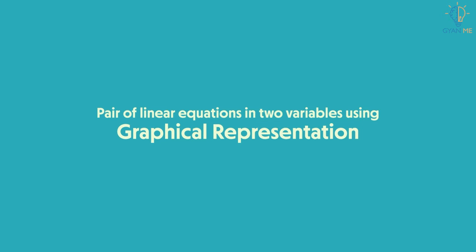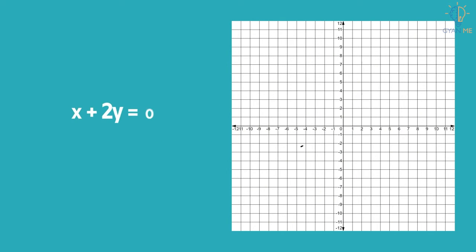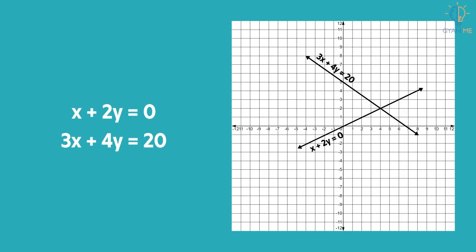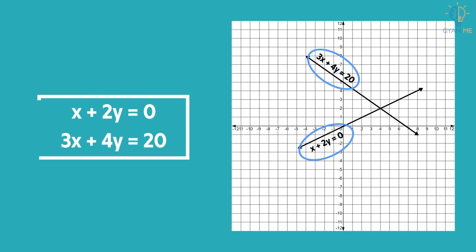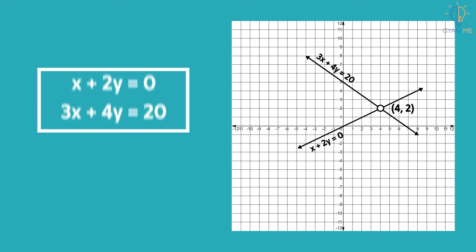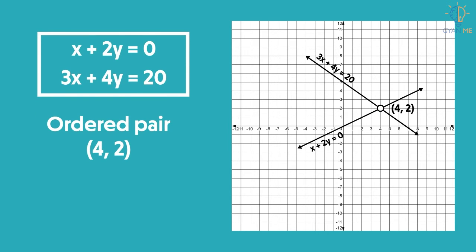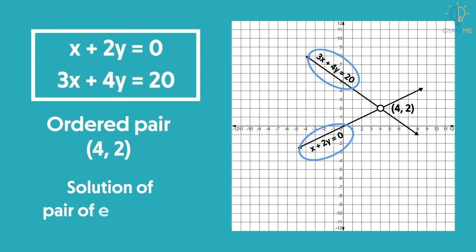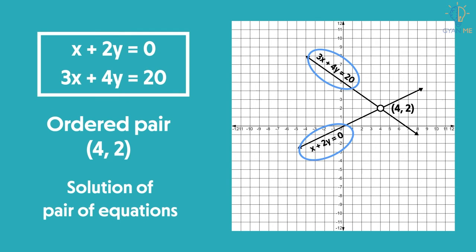Recall that the graph of one linear equation is always a straight line. So, the graph of a pair of linear equations will have two straight lines representing these two equations. Students, note that the point at which both the lines intersect, the coordinates of this point, that is the ordered pair, will be the solution for this pair of equations.